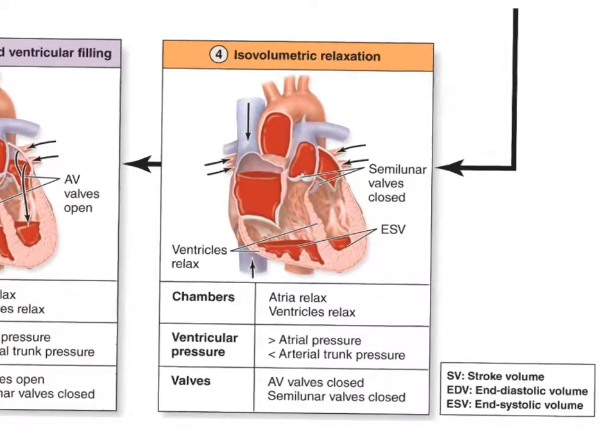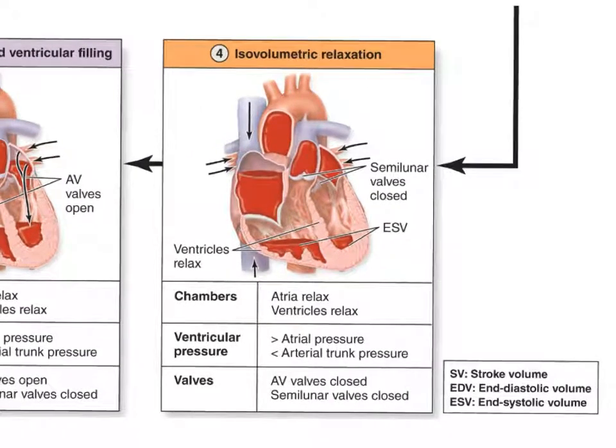So now we come to the isovolumetric relaxation. The atria are relaxed during this time, so they're filling with blood from the vessels. There's a little bit of blood left inside the ventricles, right? Not all of it gets out.